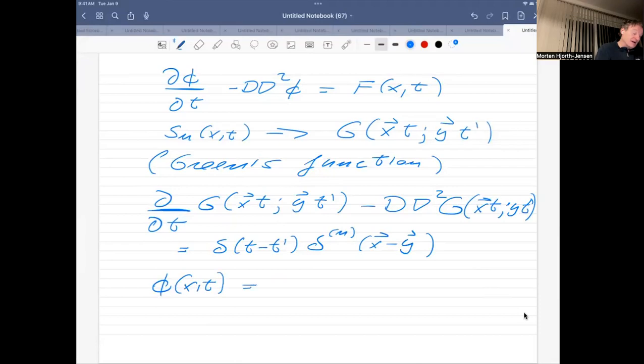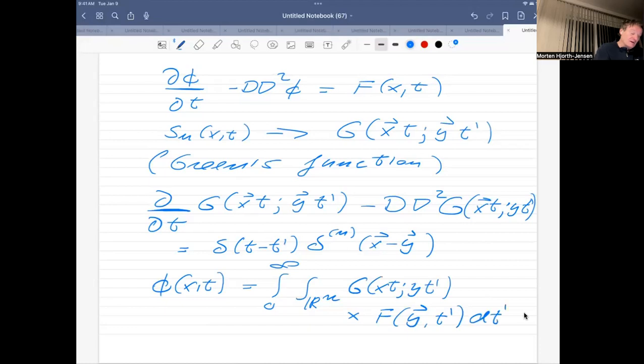This can be written out as an integral from 0 to infinity over time, an integral over the spatial degrees of freedom, and then we have a G of x of t, y at t prime. And this can be multiplied, if the force depends on time as well, by the force at y and t prime, with dt prime and dy.